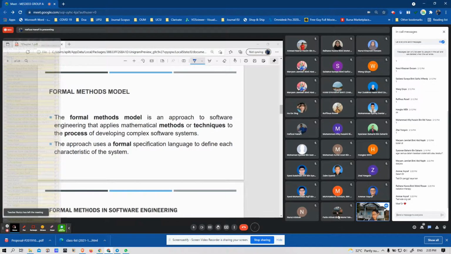Okay, we have the vocabulary. Okay, and then we have also syntax and semantic. Okay, this one is very common in formal method.